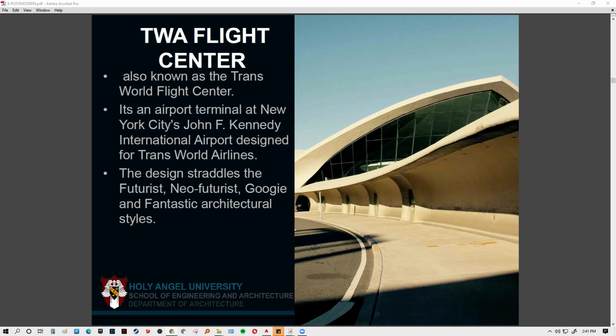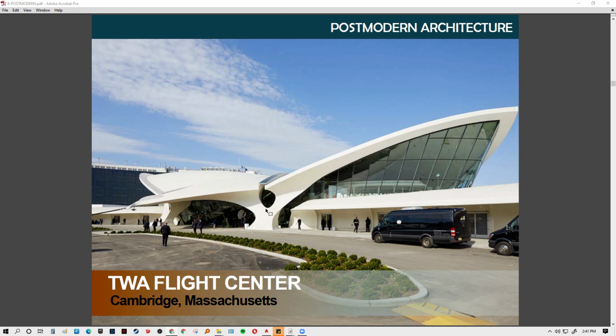So it is an airport terminal in New York, John F. Kennedy International Airport, designed for Trans World Airlines, TWA, and the design straddles the futurist, neo-futurist, googie, and fantastic architectural styles, as it is conceptualized with a bird flapping its wings, or having its wings spread.